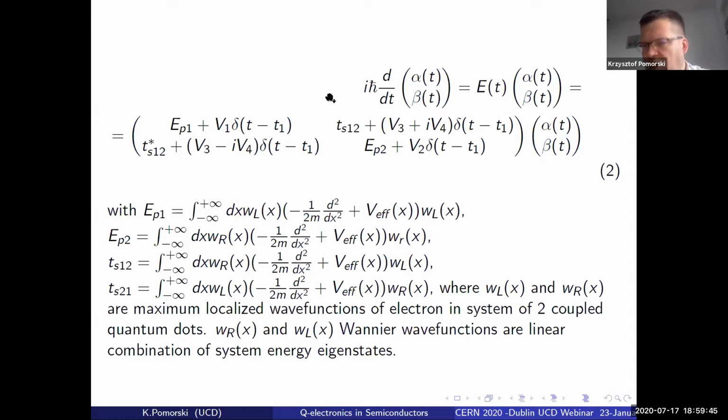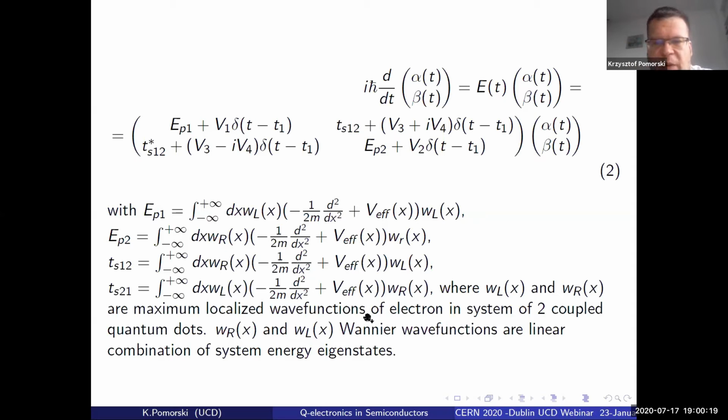So in the general case, the impact of the external moving charge will be that the evolution during this small time step will be no longer unitary, right? So you can end up in a situation where the sum of the two probabilities for the electron being in the left and right quantum dot is below 1, right? So part of the wave packet was delocalized. So this is the most general situation.